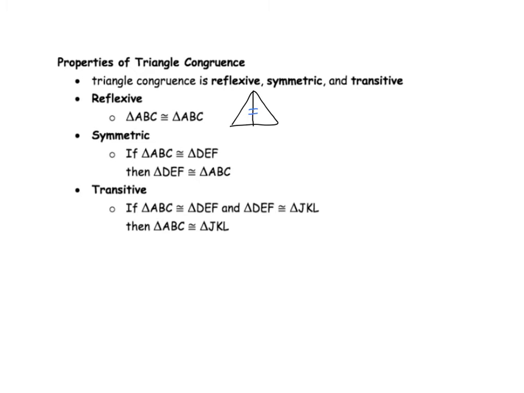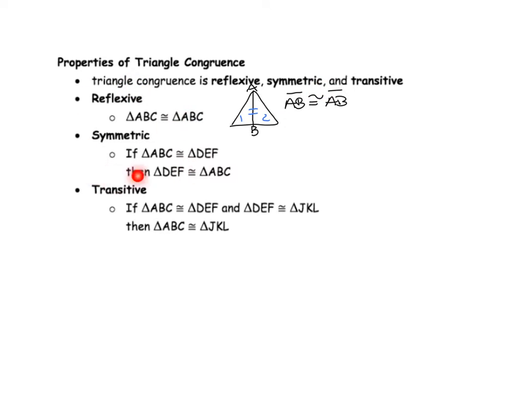I'm looking at this triangle here and this triangle here. This line in the middle, let's say I label it AB. So I could say line AB is congruent to line AB, and that would be the reflexive property because that line corresponds to both triangles. So that's another way to use the reflexive property.